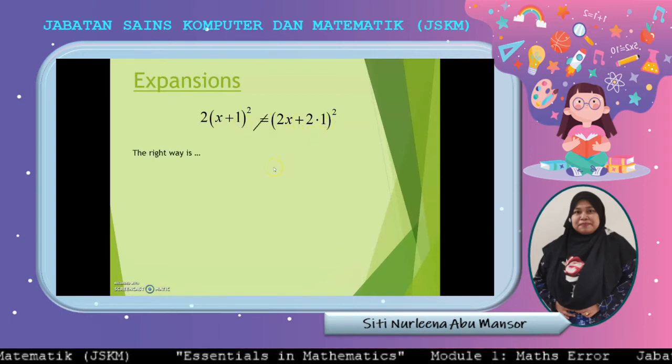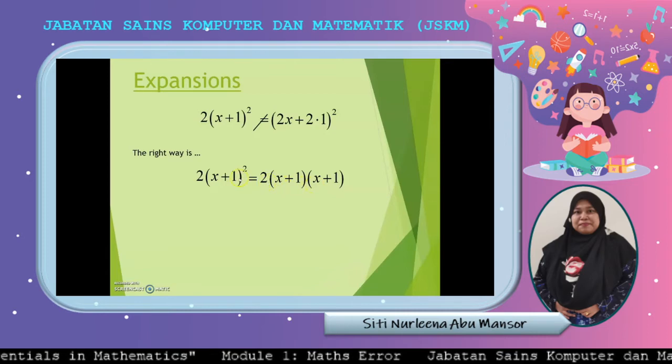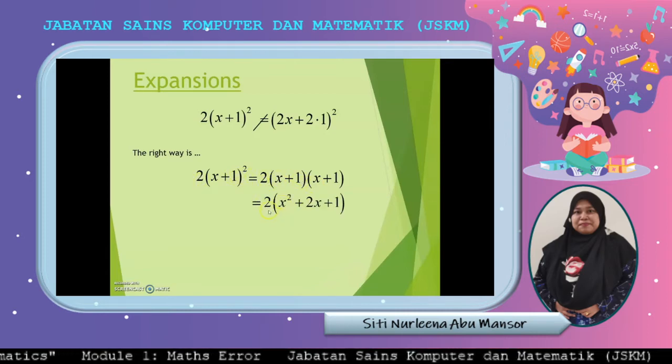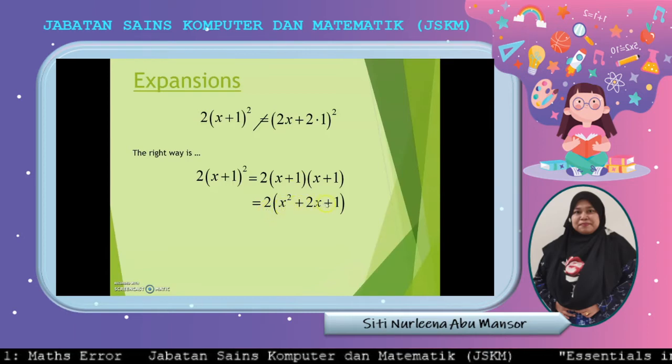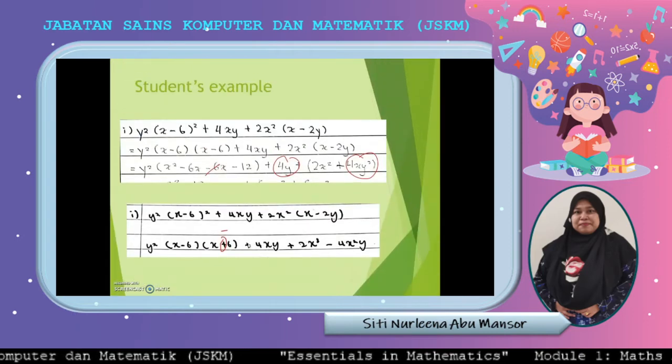The right way is you have to expand the square bracket of x plus 1 first. So you will get 2 multiplied with x squared plus 2x plus 1. Then you can multiply with the constant of 2. Okay, so these are the correct answers.